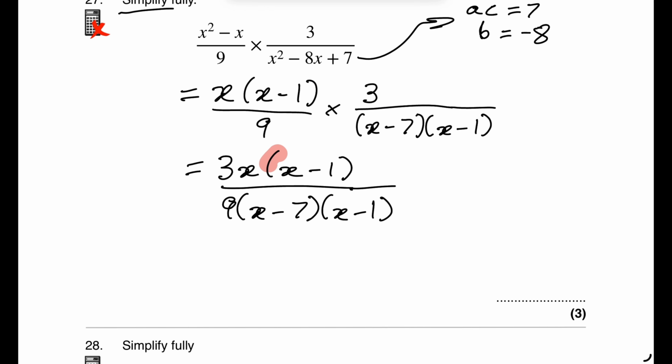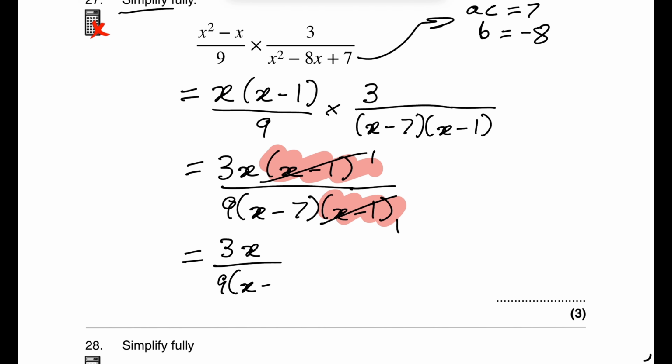And what you would notice is that we have a factor of x minus 1 in both. So I can cancel this down, as dividing by x minus 1 would leave me with a factor of 1 in both cases. So that leaves me with 3x as my numerator and 9, x minus 7 as my denominator. And there's my final answer.